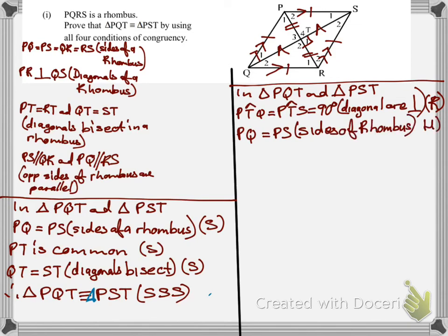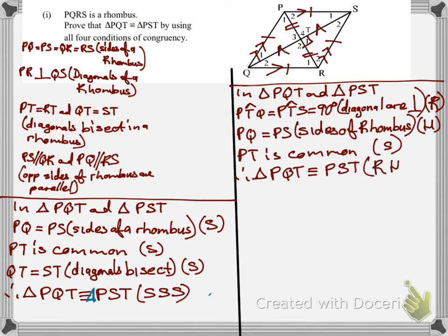Those are sides of a rhombus are equal, my hypotenuse. And then PT is common, my side. So now I can conclude that triangle PQT is congruent to triangle PST because of right angle, hypotenuse, and side, which we abbreviate RHS.